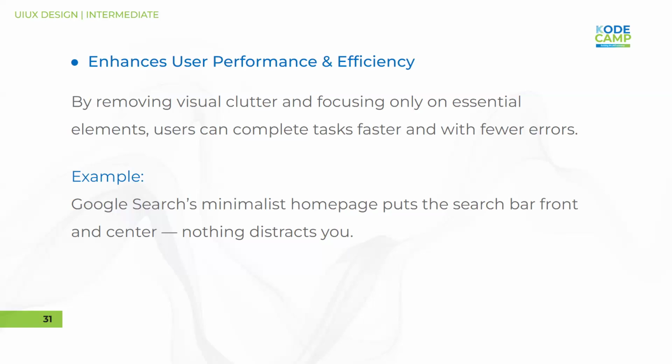So just come here, search your stuff, get whatever you want to get, and nothing is going to distract you. If you get distracted and search another thing, well, that's on you, and that is not on Google. Because Google has made it possible that you don't get distracted while using the application.